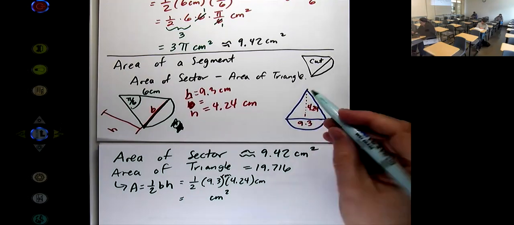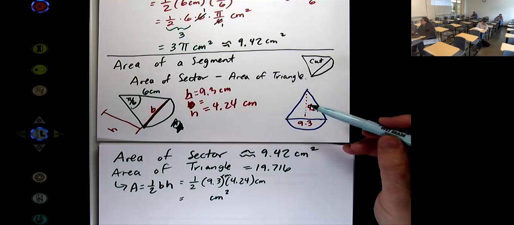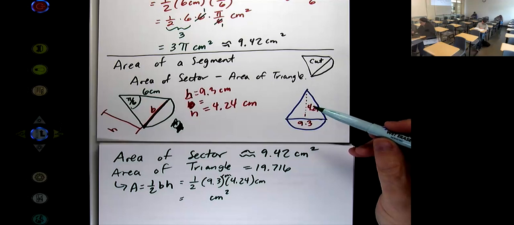Something's off, because we're going to end up with a negative area. What's off? Did I just pick numbers that don't work? Is that what I did? I must have.